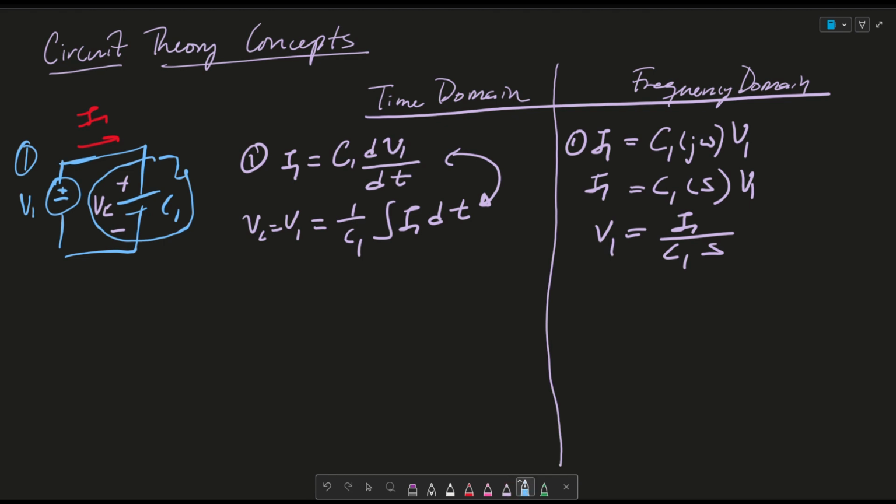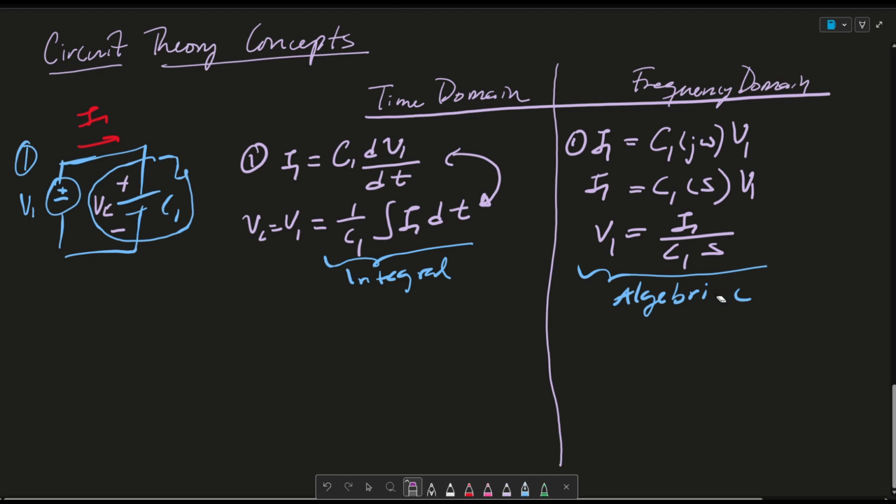Something we should realize is that in the time domain we're dealing with an integral, but here we're dealing with algebraic functions. As a result, this is a little bit easier to work with. These are divisions and multiplications, but those are derivatives and integrals, which are not as nice.